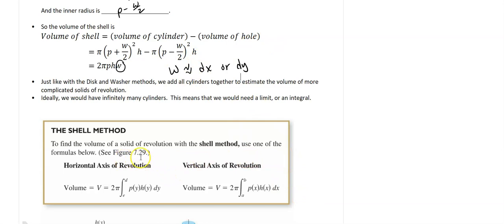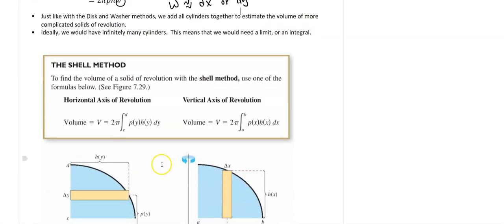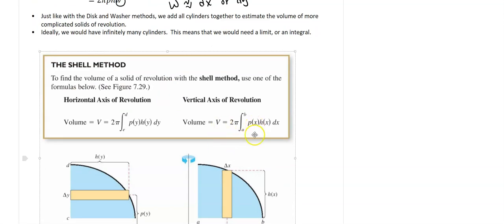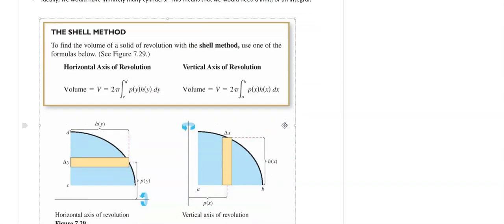So this involves an infinite sum, which we turn into a limit. If you have a horizontal axis of revolution, that turns into 2 pi times the integral from c to d of p of y h of y dy. In this case, the w is representing dy. And if you have a vertical axis of revolution, we have 2 pi times the integral from a to b of p of x h of x dx. So the dx is in place of the w.